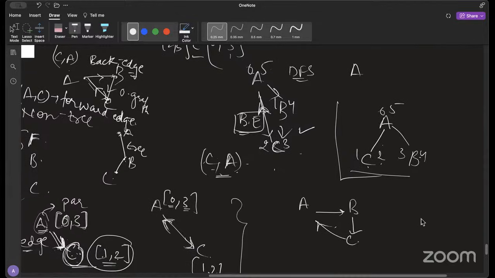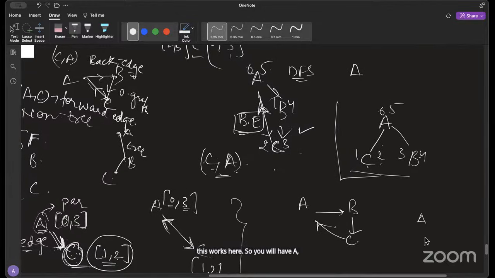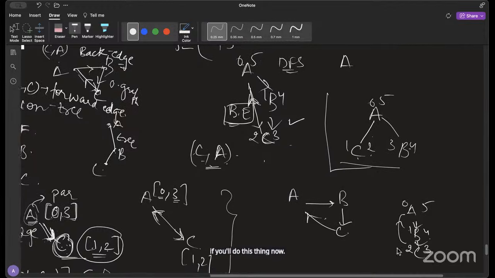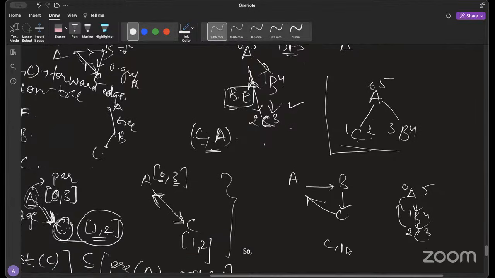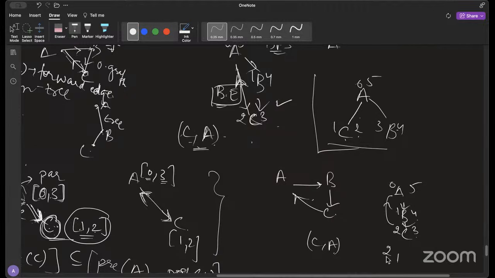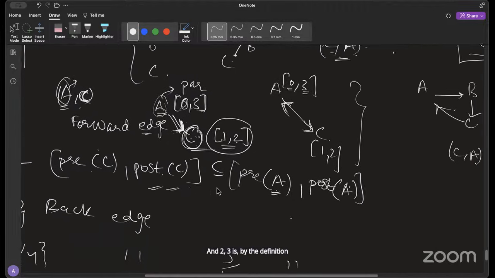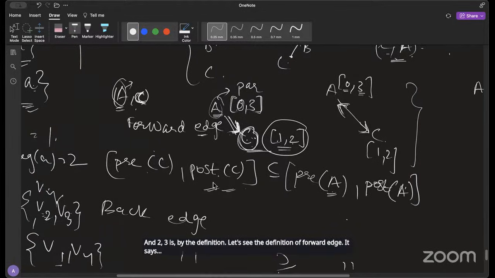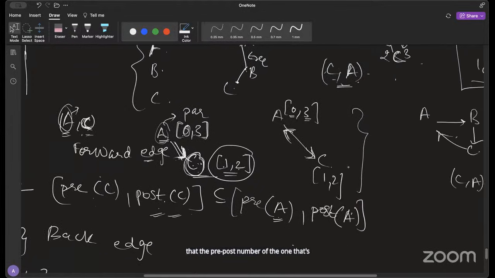This works here. So you will have A, B, C, with numbers 0, 1, 2, 3, 4, 5. If you do this now, your edge is CA, right? By the definition of forward edge, it says that the pre-post number of the one that's written later.